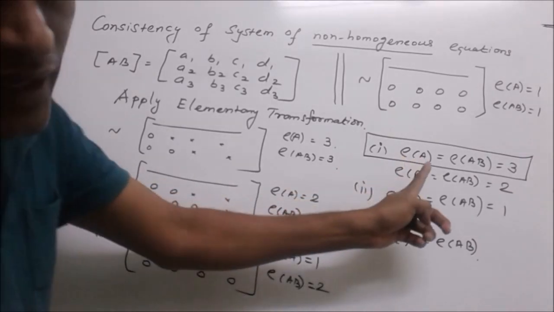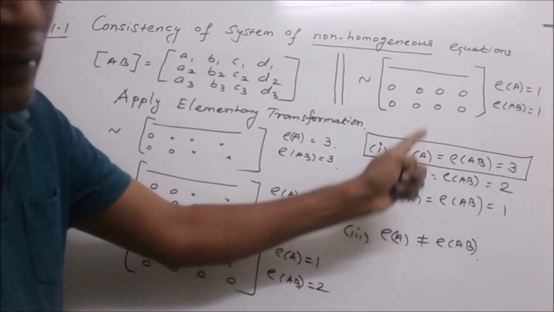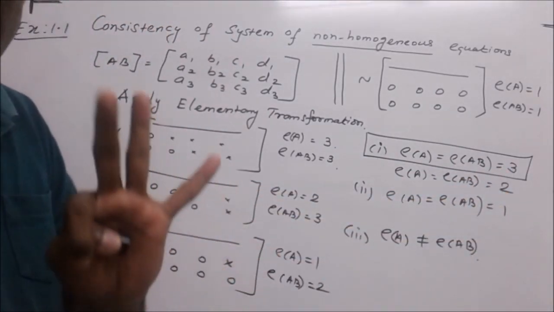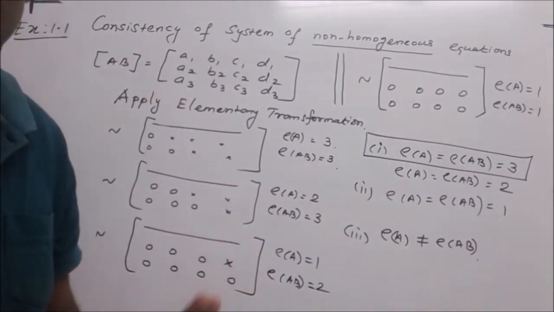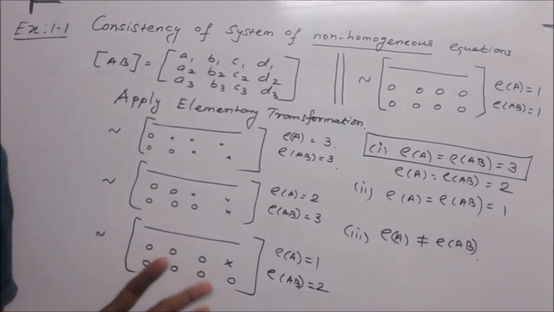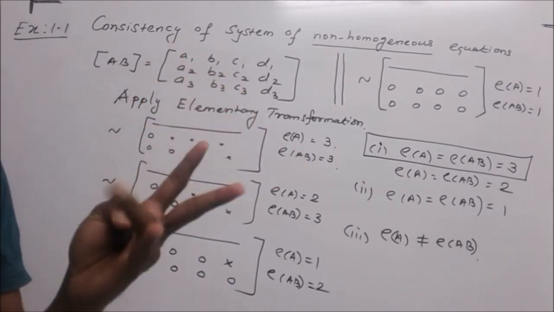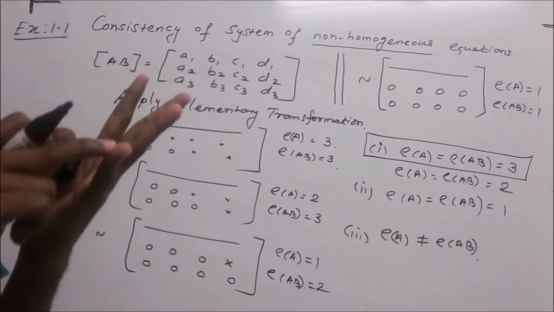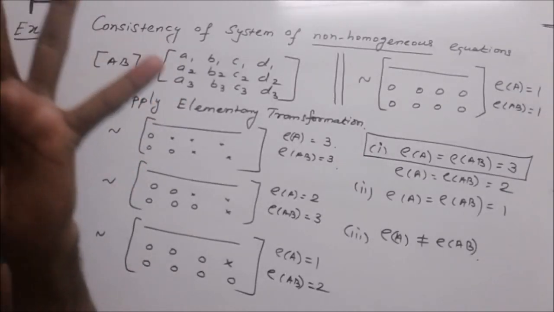This is the first case. Rank of A equal to rank of AB equal to 3. 3 represents the number of unknowns in the given system of equations. What are the unknowns here? We have a1x plus b1y plus c1z equal to d1. In that case, x, y, z are all known as unknowns.